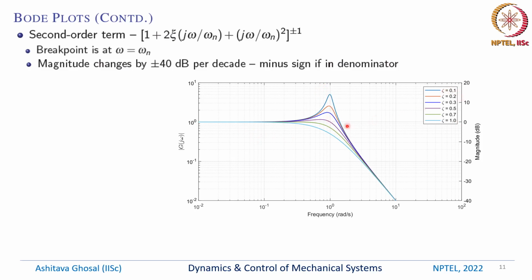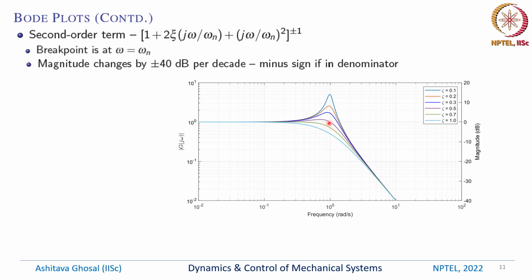If damping is small, for example psi is 0.1, then the amplitude is 1 for a while, and then near the frequency omega n, in this case omega n is 1, you will get an amplification, and after this amplification it will be minus 40 dB per decade.